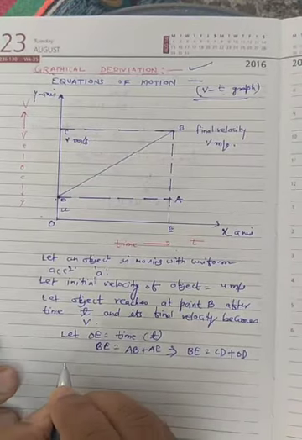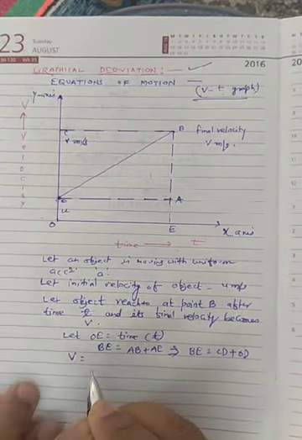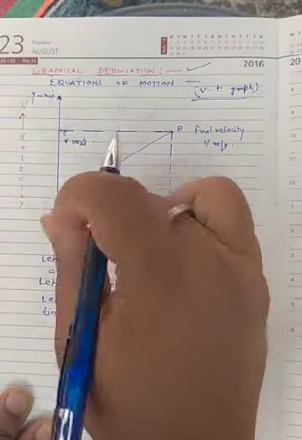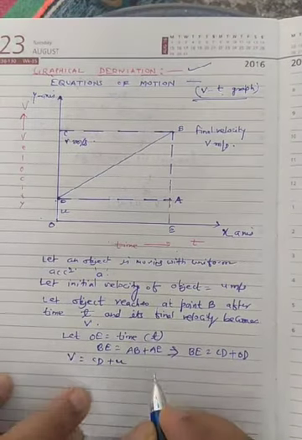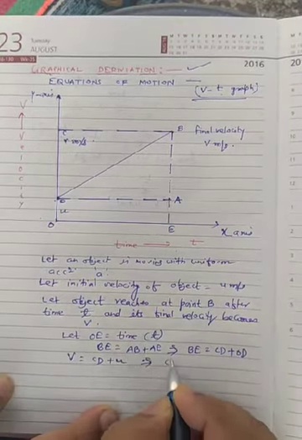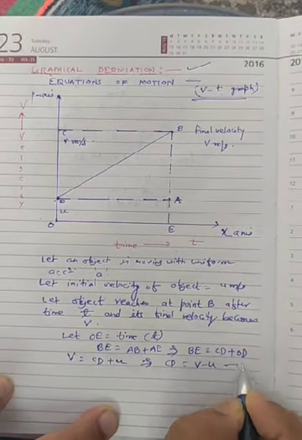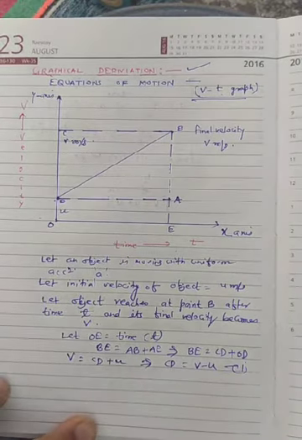So final velocity, that means V equals CD plus OD. And what is OD? OD is U. That implies CD equal to V minus U. Equation number 1.